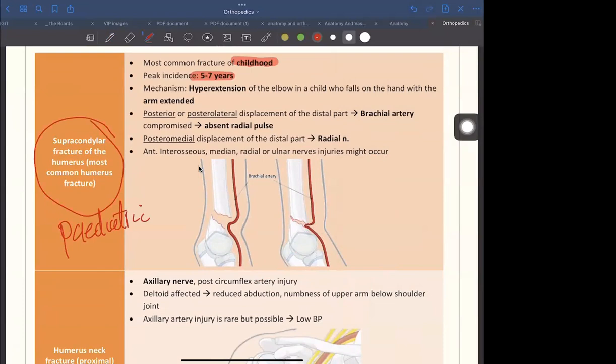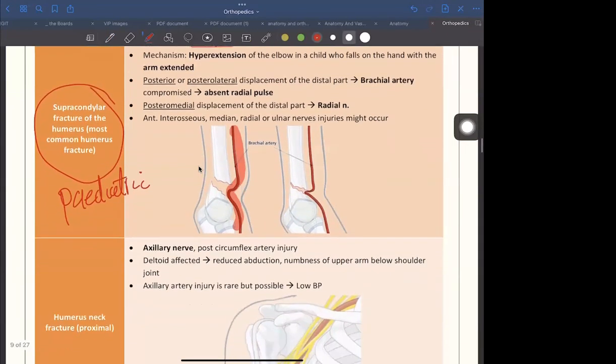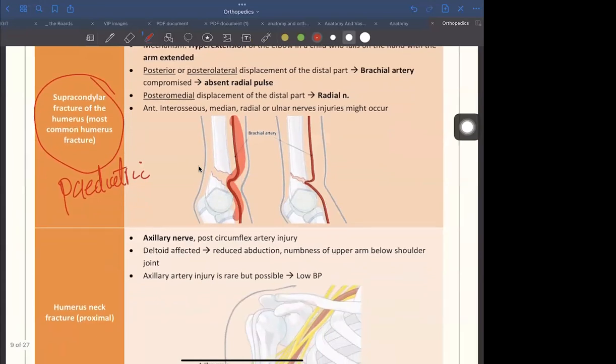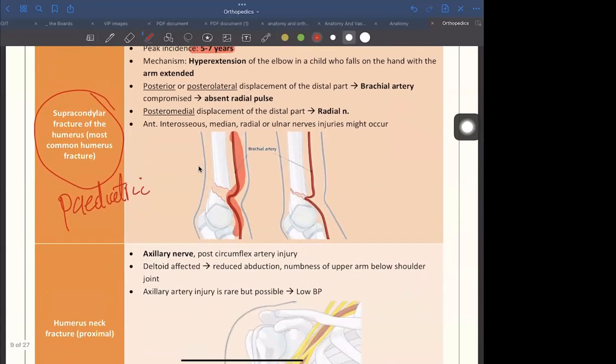The mechanism is hyperextension injury, and there is posterior or posterolateral displacement that might lead to injury or entrapment of the brachial artery. So keep an eye on that. It might lead to injury of the radial nerve or anterior interosseous nerve, which is a branch from the median nerve. All right. So this is basically the supracondylar fracture.